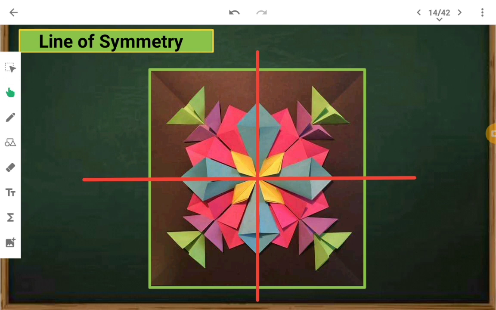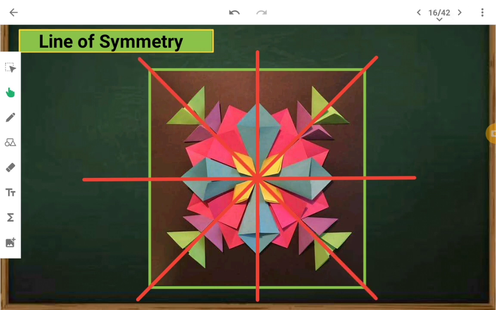And is it possible for diagonals? Yes, diagonal also, because this part is coincident with this one, right? And this diagonal is also possible, because this part is in the shape of a square.